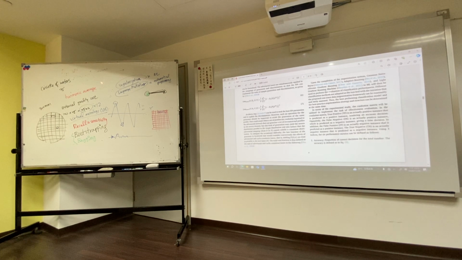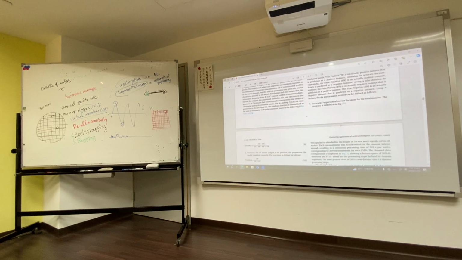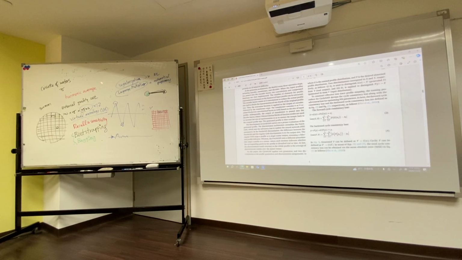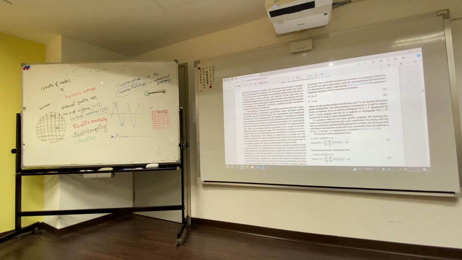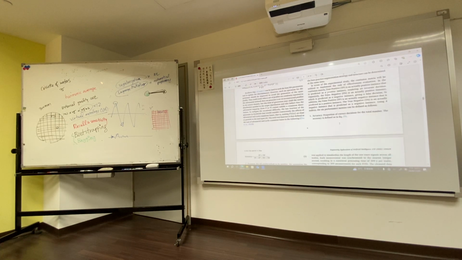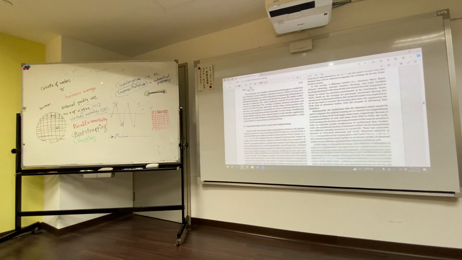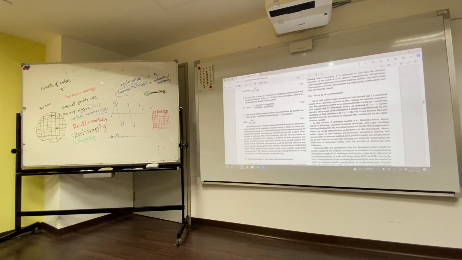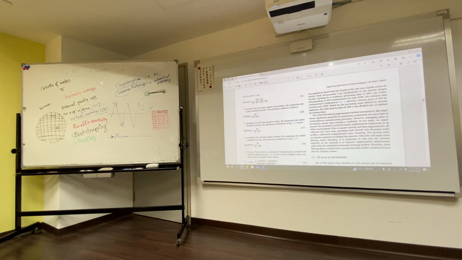Page 12. Page 12? Let me see that. Oh no, there's another place, the earliest place in the article where I mentioned diffusion. Did I? Oh really?